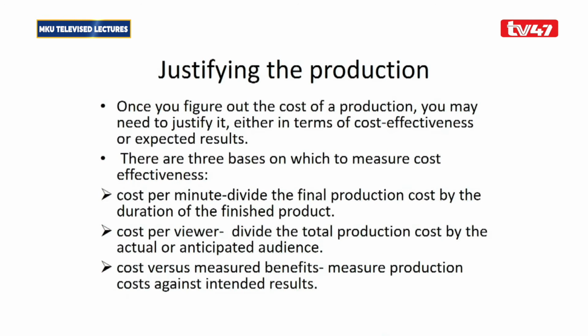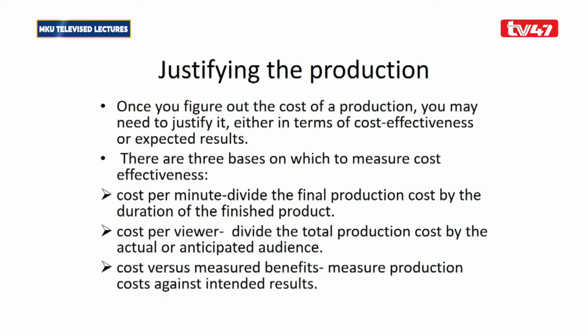So how do we justify the production? Once you figure out the cost of the production, you may need to justify it either in terms of cost effectiveness or expected results. So in these production houses, you're expected to justify your production, and there are three ways through which you can justify your production.